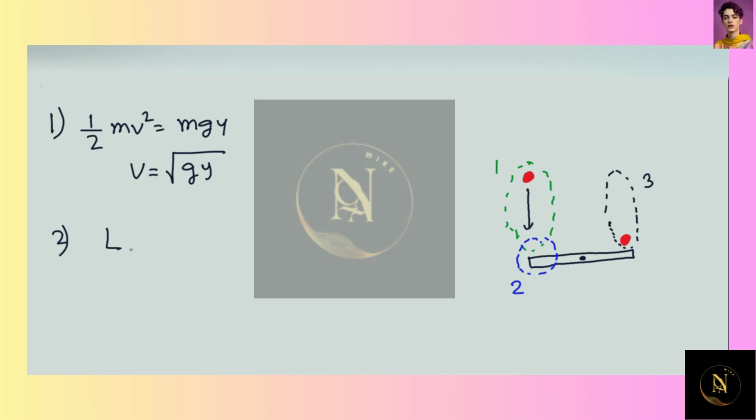So L1 is m times v times r, which is mass 5 kg, v is 15.34 meters per second, we get that from here, and r is 2 meters.